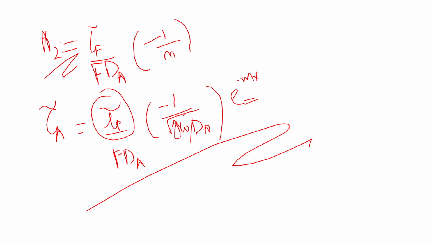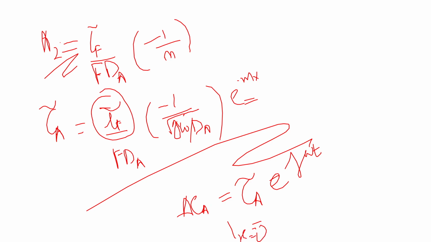Now in the same way, you know what is del CA? e raised to j omega t. Now at x equal to 0, you have to find that value, right? What is at the interface?